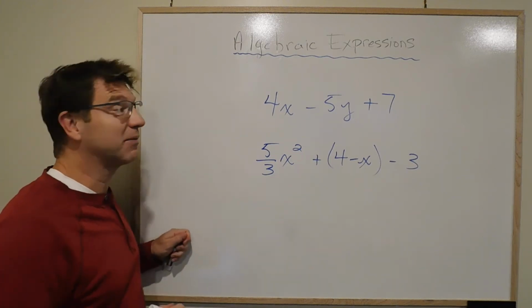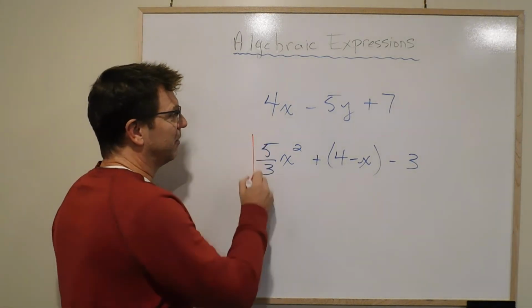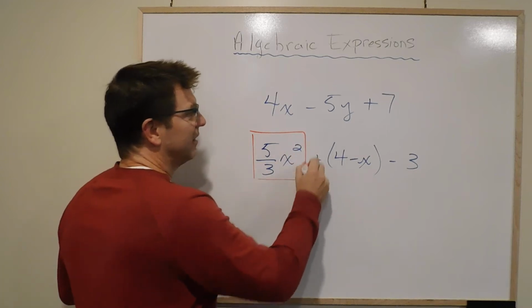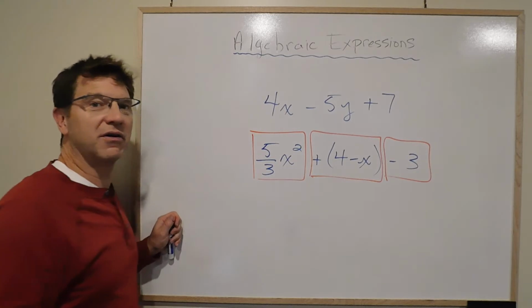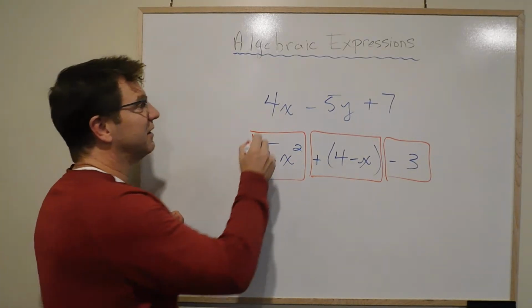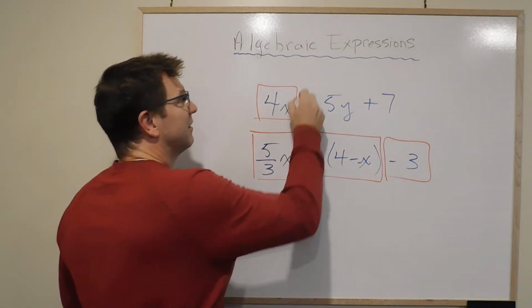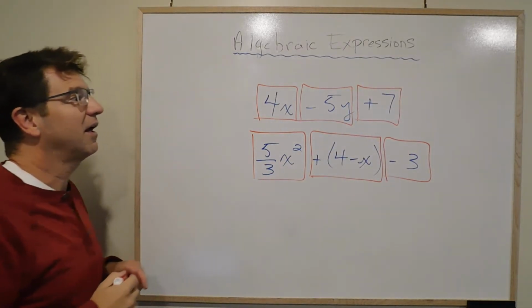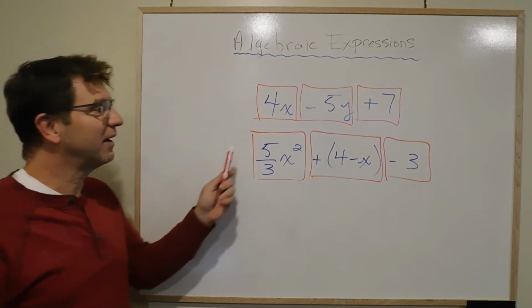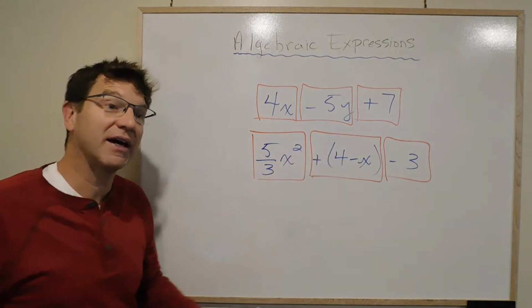One more thing we want to talk about is terms. It's broken into one piece, two pieces, three pieces, even though they're complicated. Why did I jump from one piece to the next?